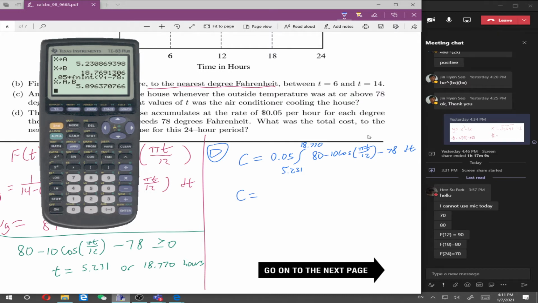Andrew, I cannot have $5.09637. So what should I write instead if we're looking at total cost?